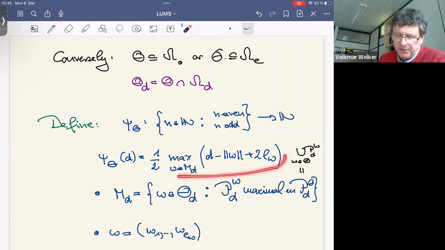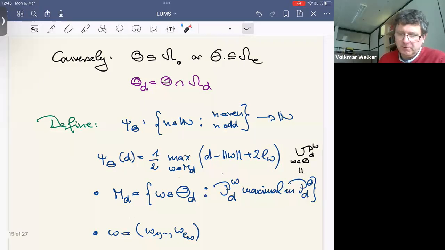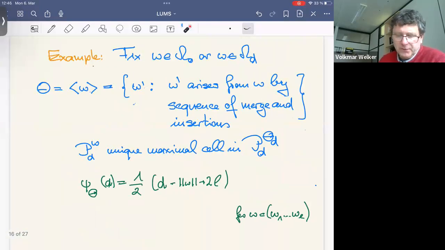So it's kind of a technical function. And MD, as I said, is all omega in zeta d with the property that the corresponding cell is maximal in the corresponding space. Okay, so these are some technical functions that I wanted to write down, but it's not super important to remember them.